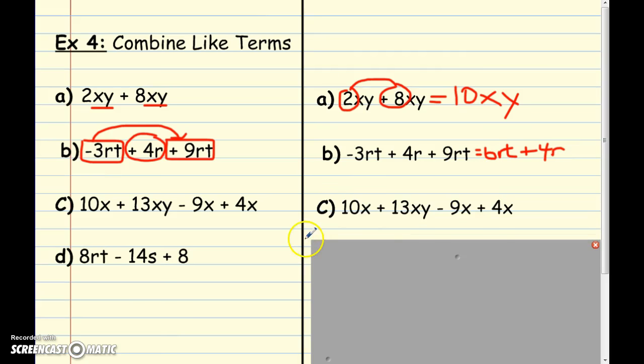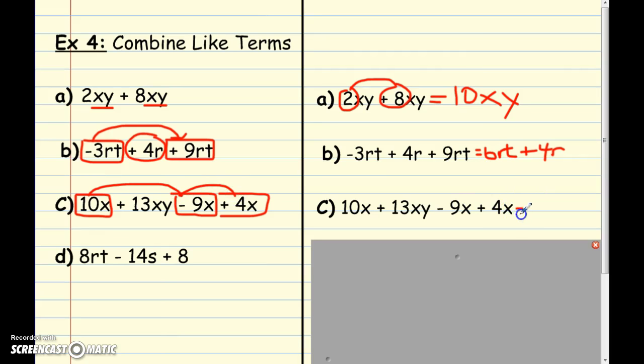Example C. I'm going to start with 10x, and so I'm going to go down the line and find anything else that has an x here. We have a negative 9x, and we have plus 4x. So because each of these three things has an x with it, take the coefficients. 10 minus 9 is positive 1, and then 1 plus 4 is 5.